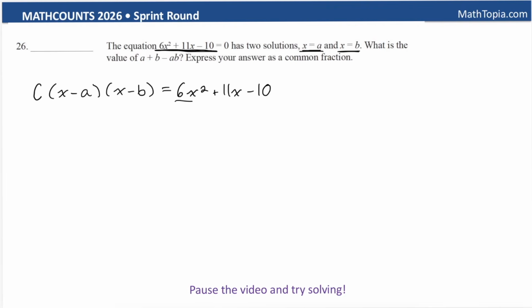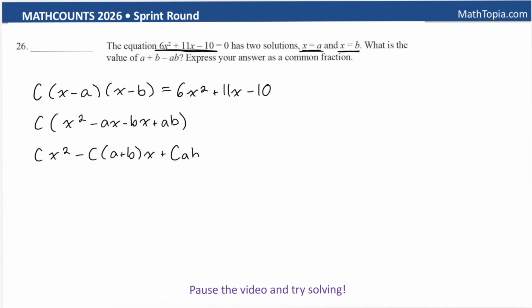Since this equation is factored out, we're also going to expand it. So we have c times x squared minus ax minus bx plus ab. Expanding that further, we have cx squared minus c times a plus b x plus c ab.